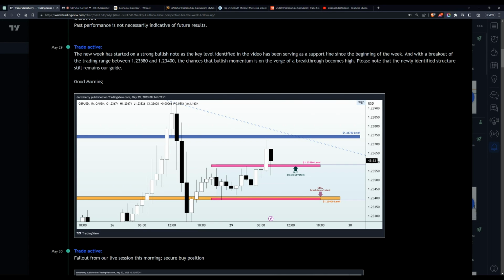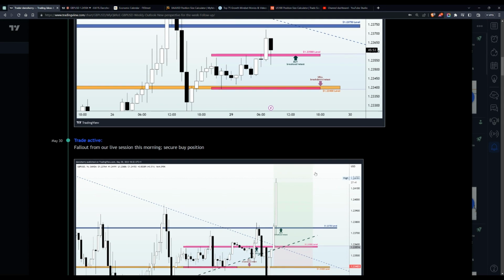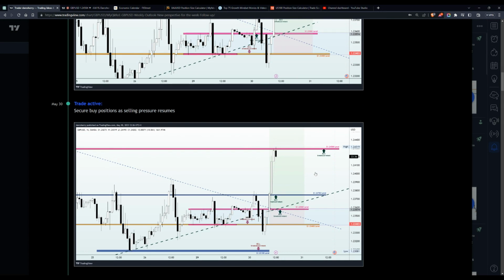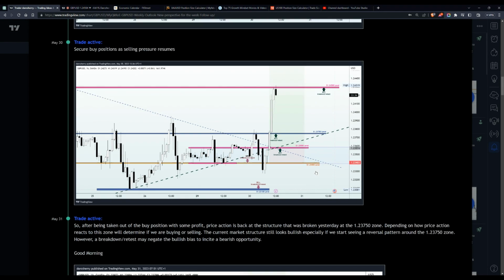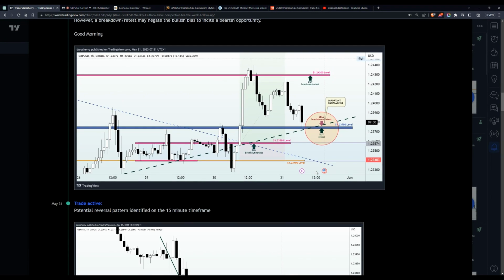And we were looking out for a buying opportunity if price action breaks out of the 1.23580, while we look out for more opportunities to add more positions at the breakout of the 1.2375. And this was what happened. We saw how price action moved in our favor. And as soon as we got into the 1.243, we began to see sell pressure resume in the market.